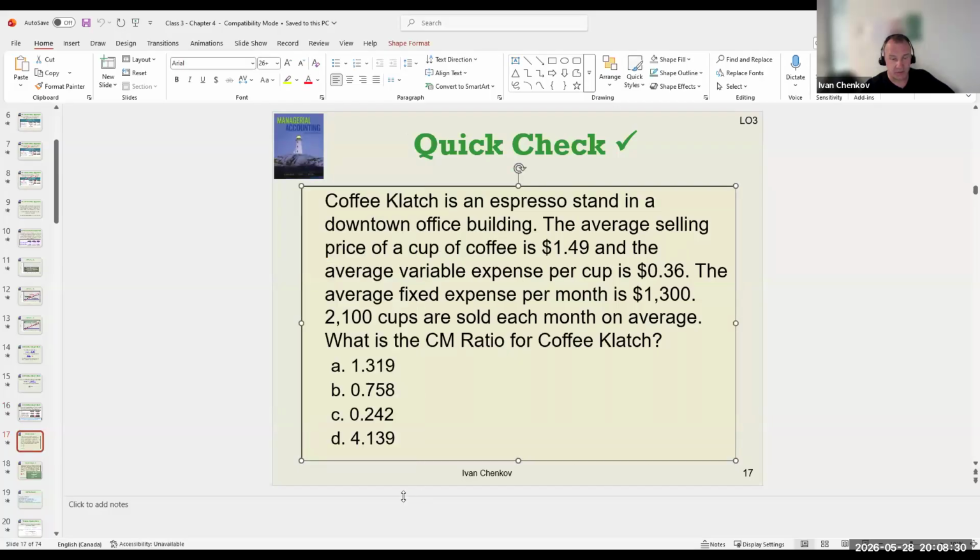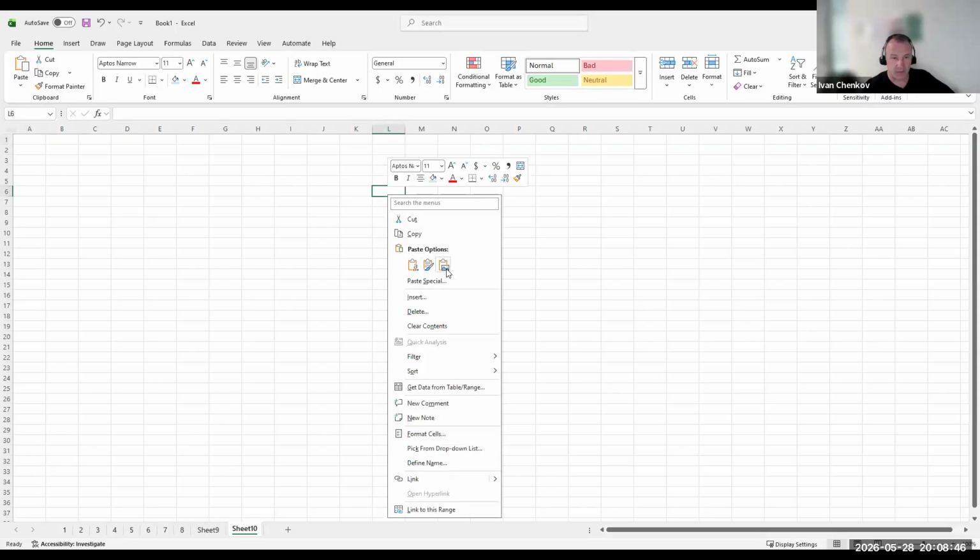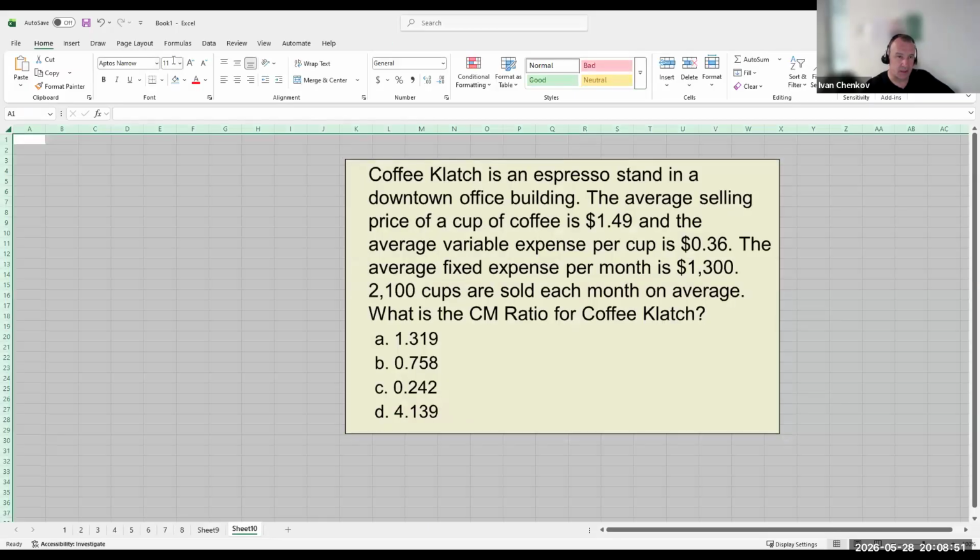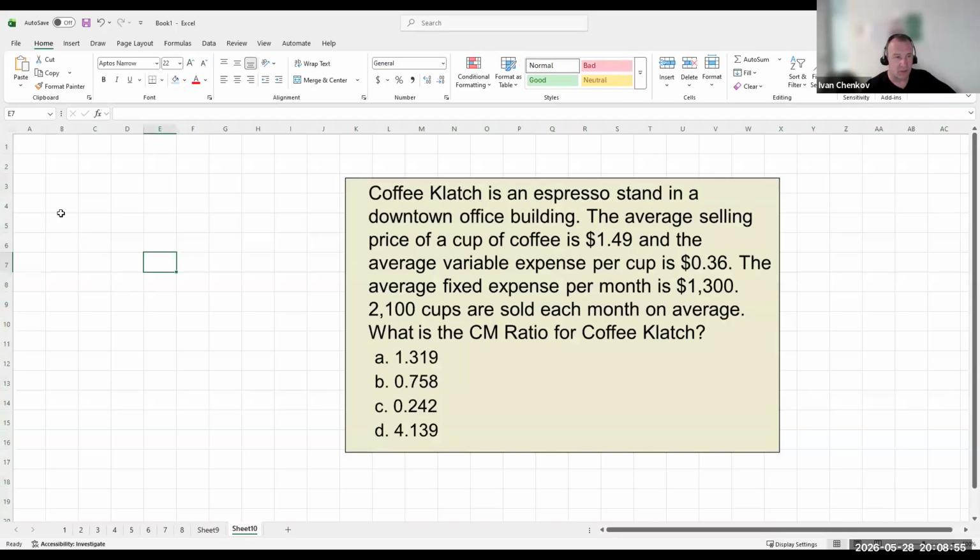I'm going to copy this question and let's go quickly to the Excel spreadsheet. And that's my question here. Let's make it a little bit bigger. So what do we know?